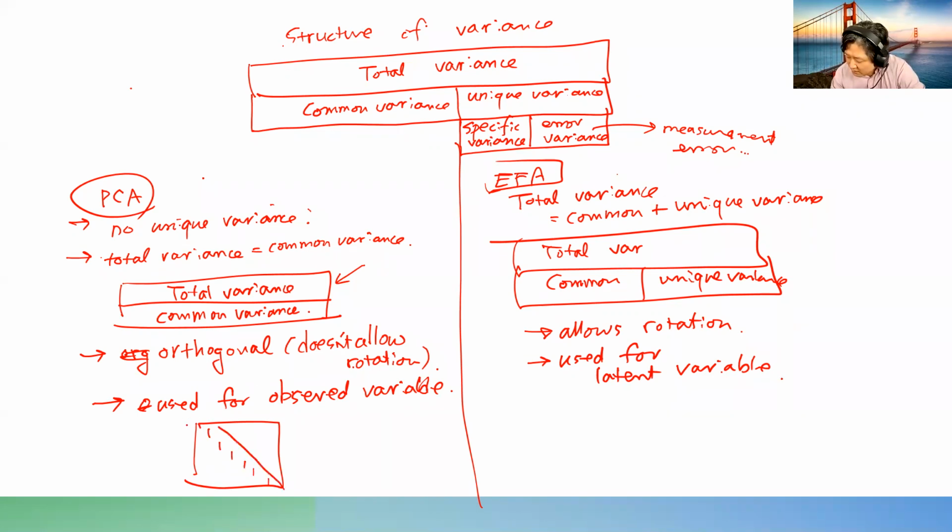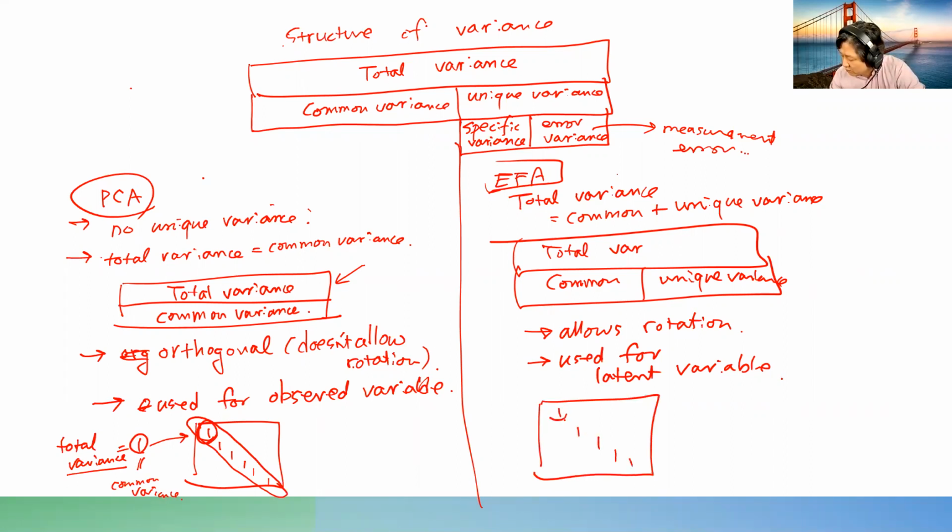This is the variance in a correlation matrix, and then we just assume the variance is 1. So which means the total variance is 1, but everything is common variance in PCA.